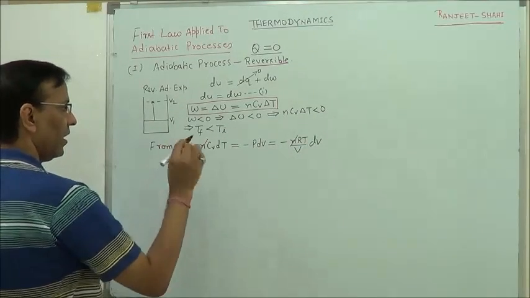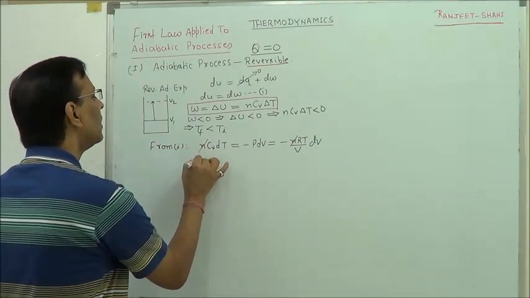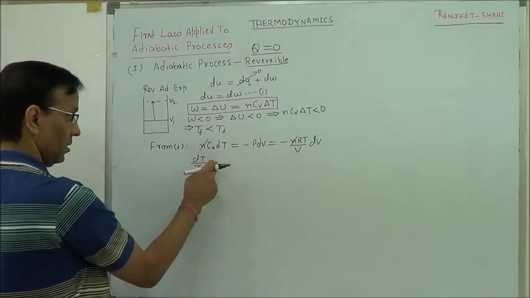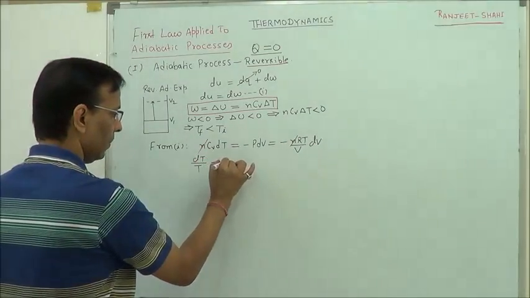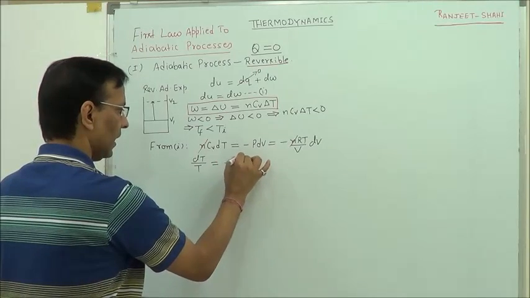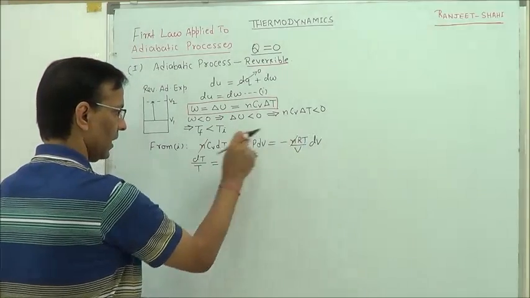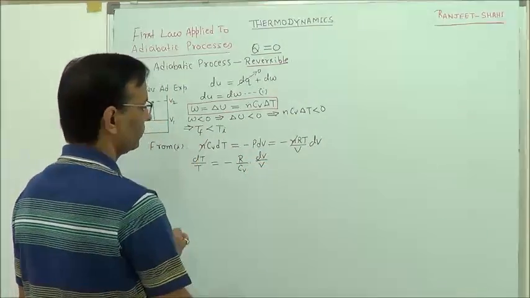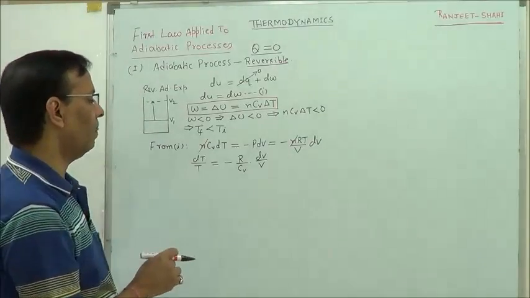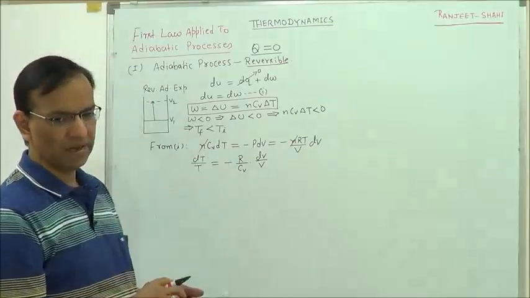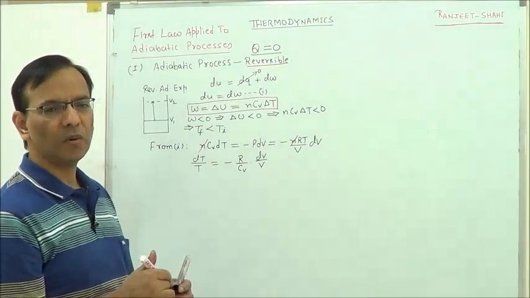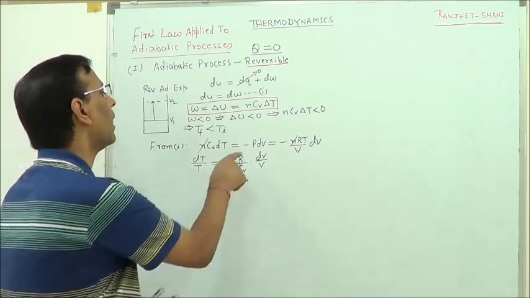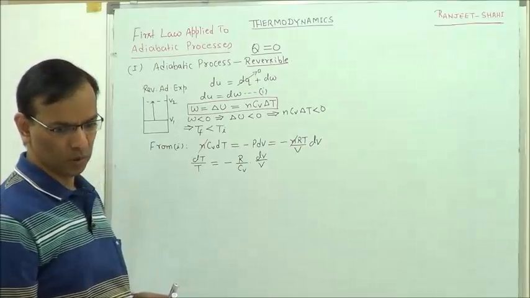This equation can be rearranged as dT upon T is equal to minus R upon Cv into dV upon V. We discussed earlier the relationship between Cp, Cv and R. So this R upon Cv is basically gamma minus 1.